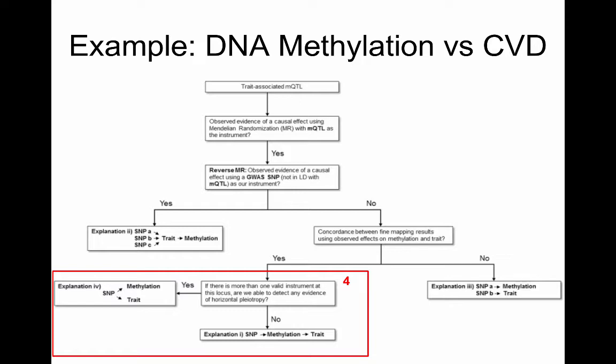So they're not independent. Usually there's only one independent instrumental variable, and that makes it really difficult to reliably discern between true mediation and horizontal pleiotropy, which is what we're seeing in scenario 4. Nevertheless, this paper really offers a thoughtful step-by-step approach to disentangling causality in the epigenetic context, and I hope you find it useful in your own work.